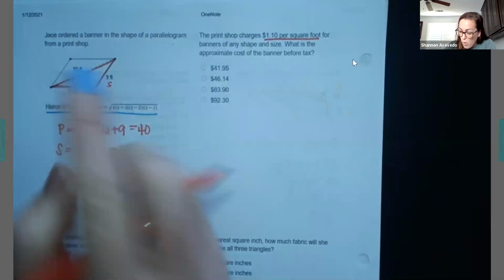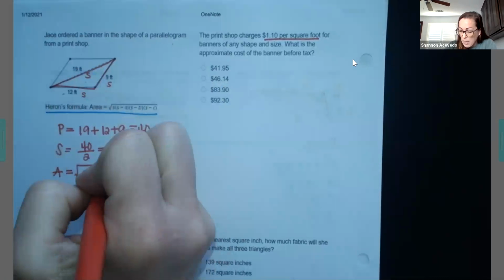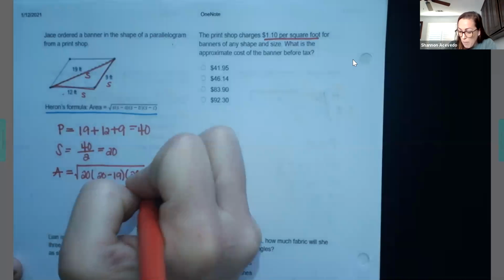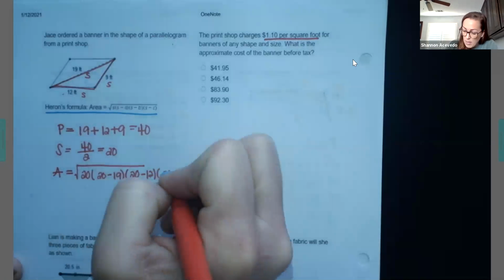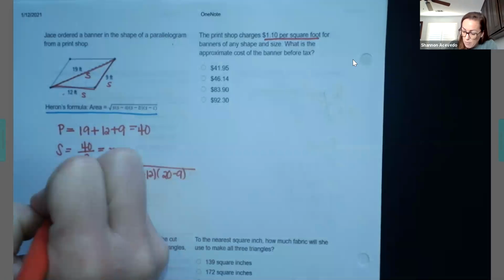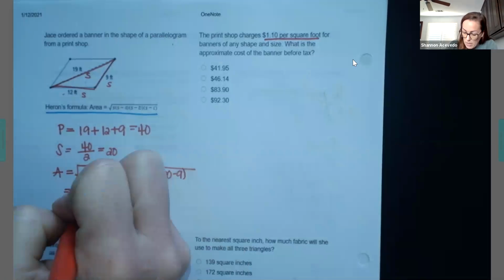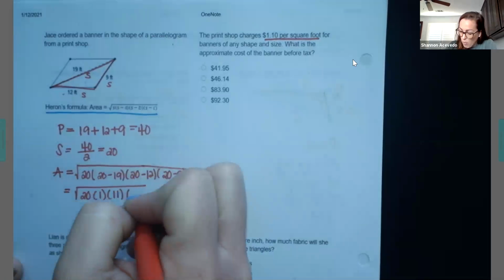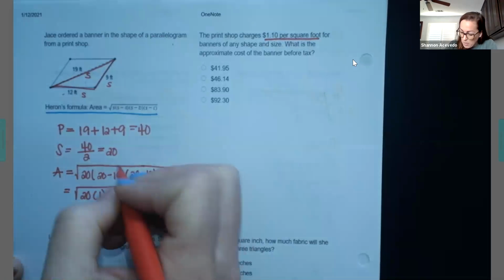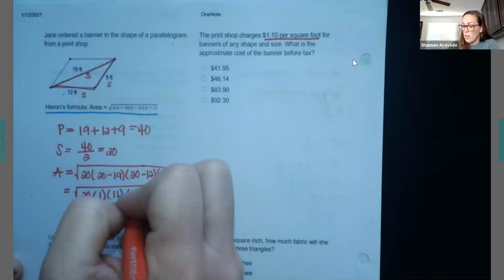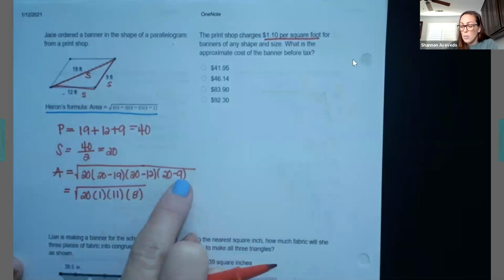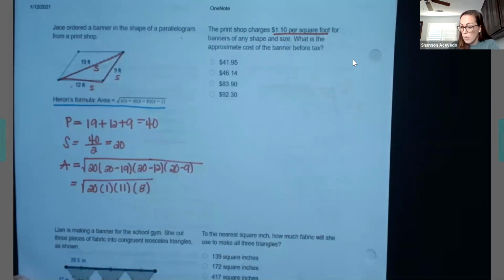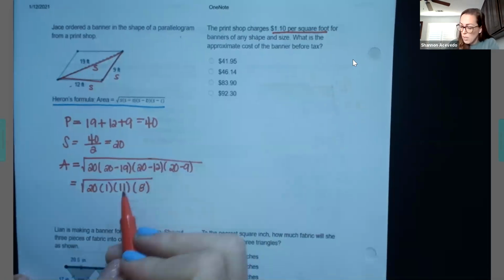So it's going to be 20 minus 19, 20 minus 12, 20 minus 9 is going to equal the square root of 20 times 1 times 11 times, well, I kind of went out of order. Sorry, times my 8. So 20 minus 9 is 11. 20 minus 12 is my 8. They're just flipped. It's okay.